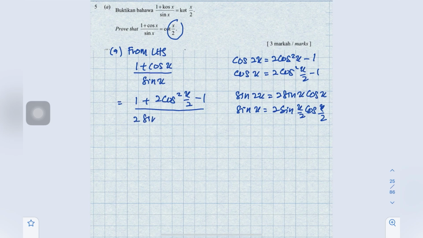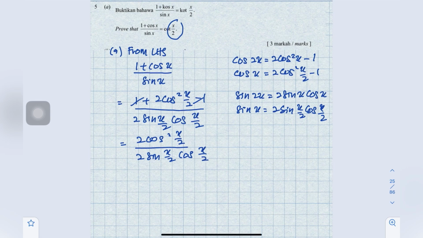So we have 2 cos squared (x over 2) divided by 2 sin (x over 2) cos (x over 2). This cancels, leaving cos (x over 2) over sin (x over 2).